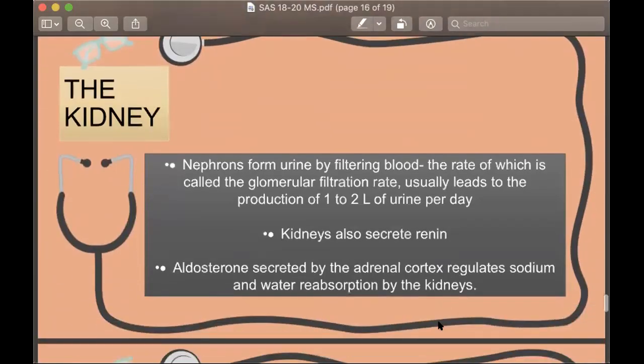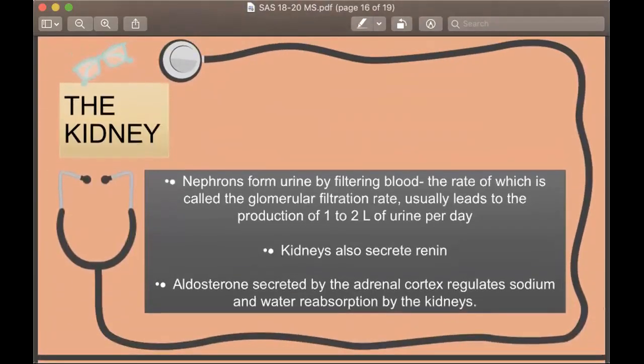Okay. So let's go here. Let's talk first about your kidney. And this one is Anatomy 101. You already know this one. So the kidney has nephrons that form urine by filtering blood, the rate of which is called the glomerular filtration rate, or your GFR. Sounds familiar, right? Okay. Usually this leads to the production of 1 to 2 liters of urine per day.